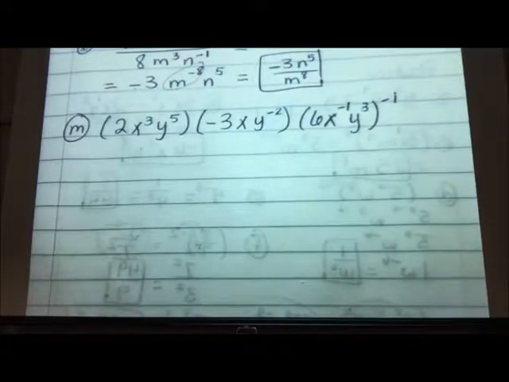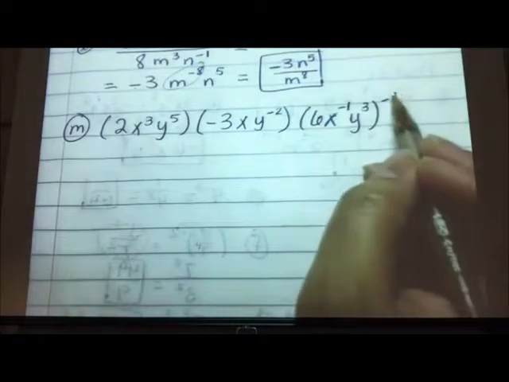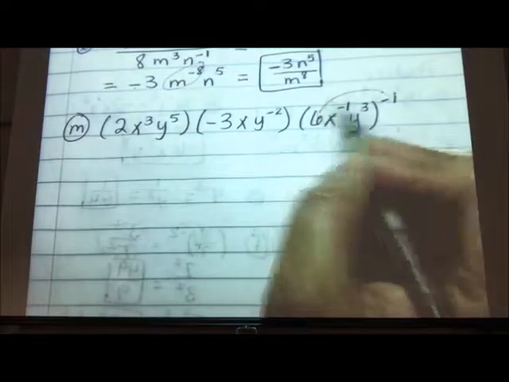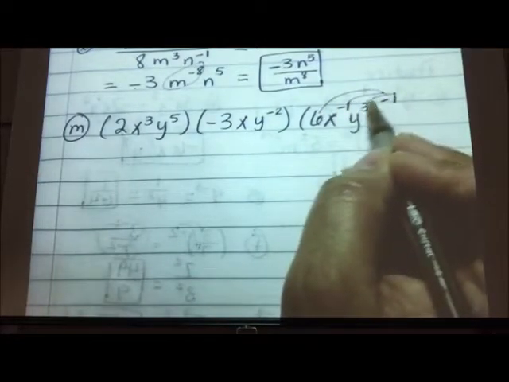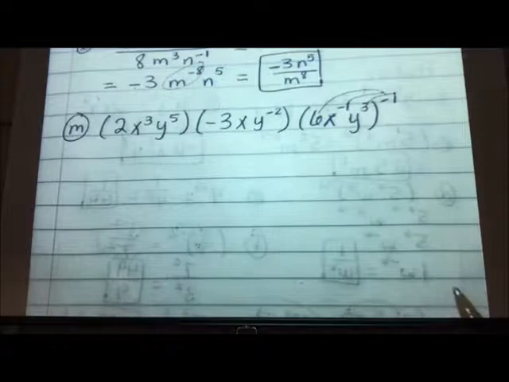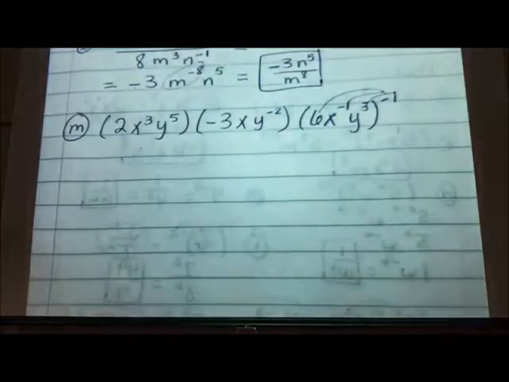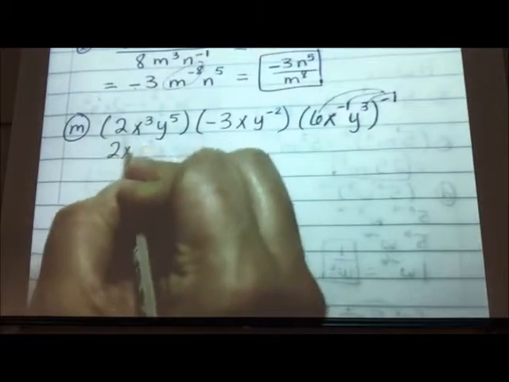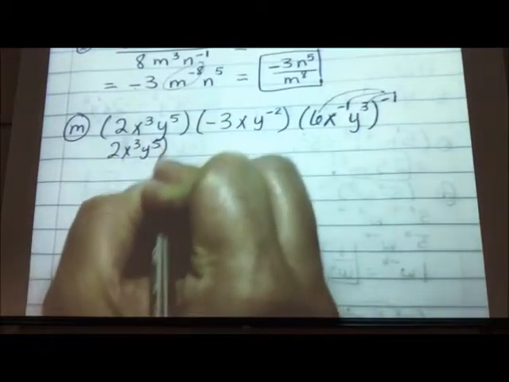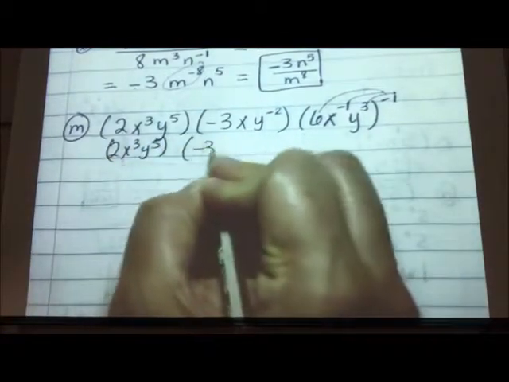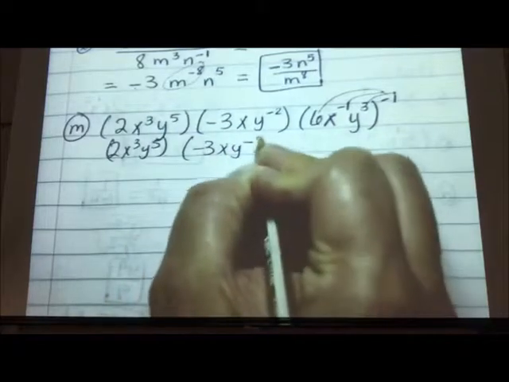So let's say we had a problem like this, and it just became kind of crazy. Now, this negative 1 belongs to everything. Okay? So the first part, this is going to stay the same. This is going to stay the same. We can't do anything right now.